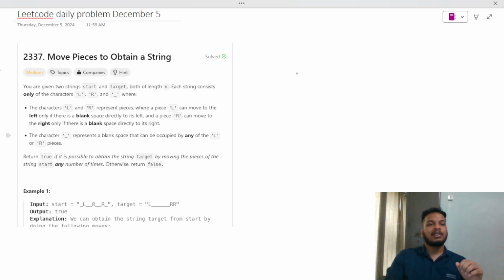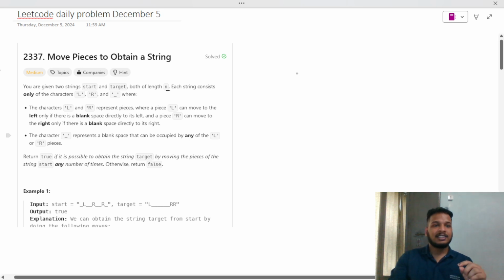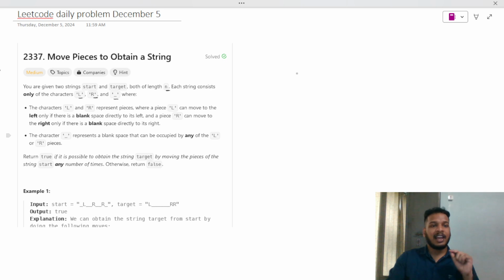Today's LeetCode problem is Move Pieces to Obtain a String. You are given two strings, start and target, both of length n. Each string consists only of the characters L, R, and underscore, where L and R represent pieces. L can move to the left only if there is a blank space directly to its left, and R can move to the right only if there is a blank space directly to its right.